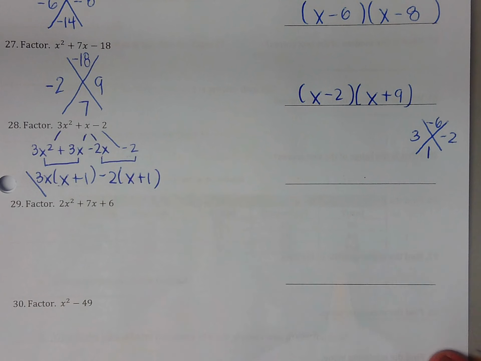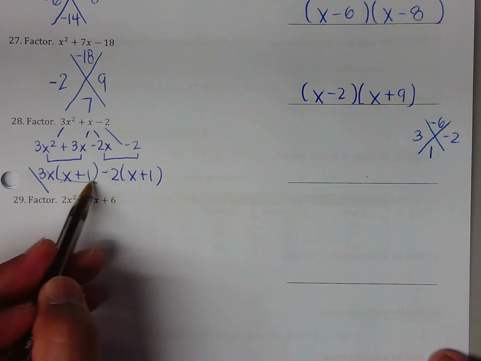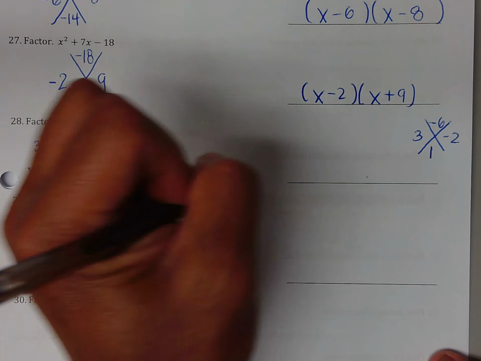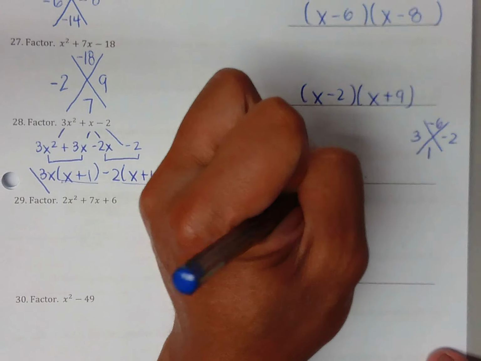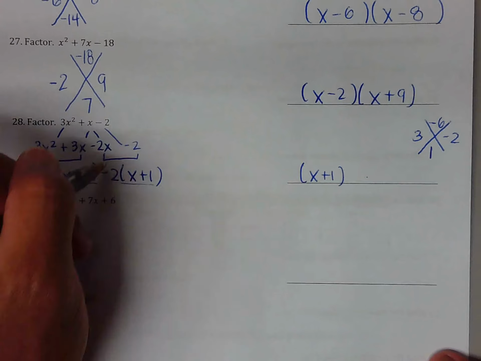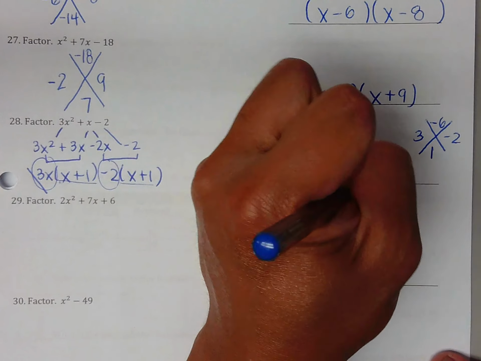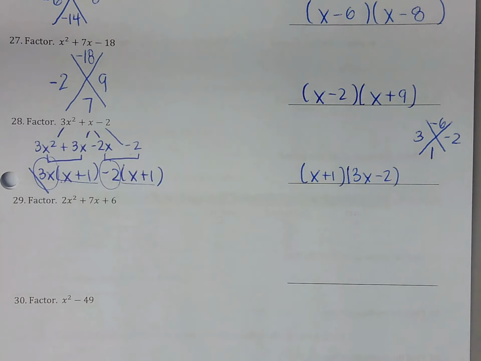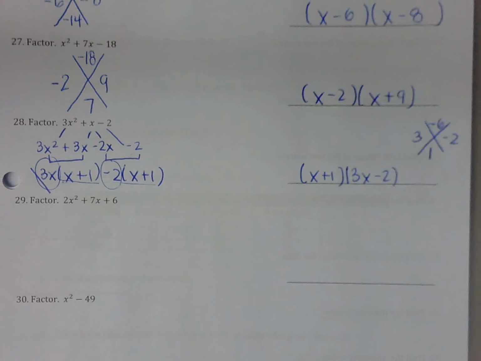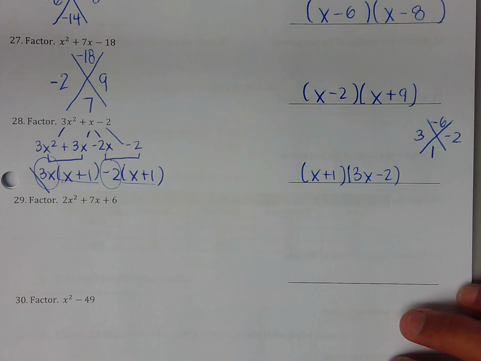So yeah, that works. And now lastly, we have the x plus 1 in common. So x plus 1, and then what else do we have? Well, we have this 3x, and then we have this minus 2. So 3x minus 2. All right, so try to pause this video and try to do this next one by yourselves by splitting that middle term.